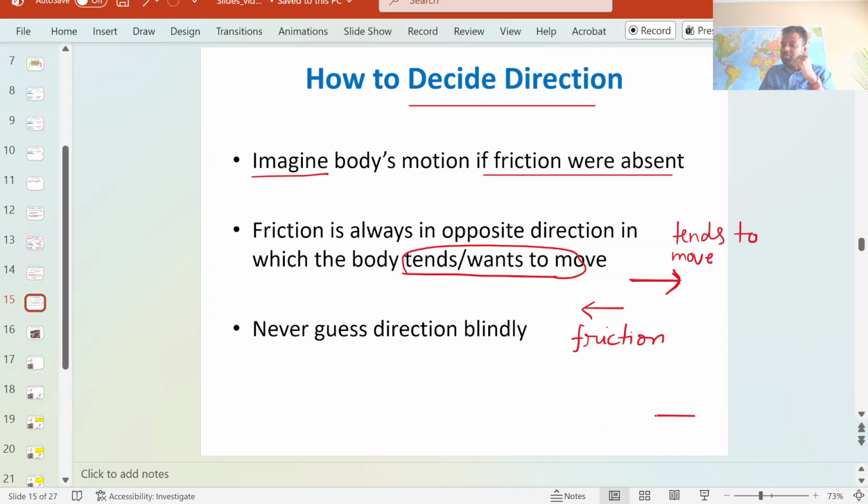And if the body is about to move to the left, the friction will be in this direction. Okay, so start with the imagination that there is no friction. That is how you should start.